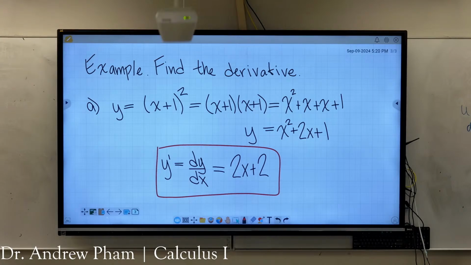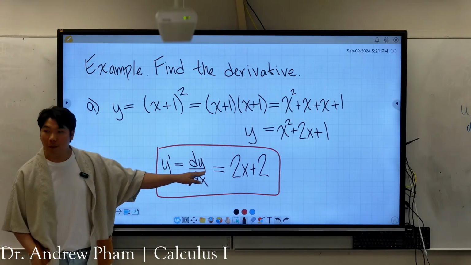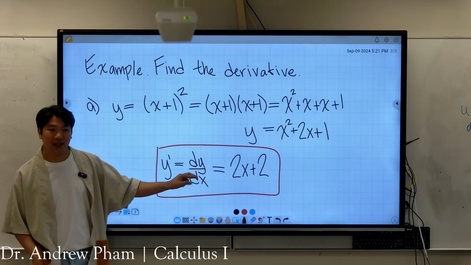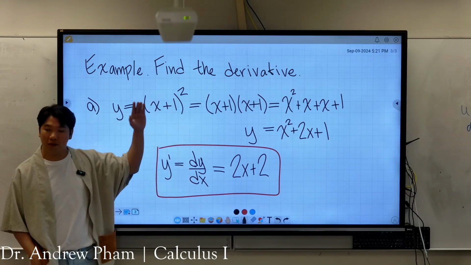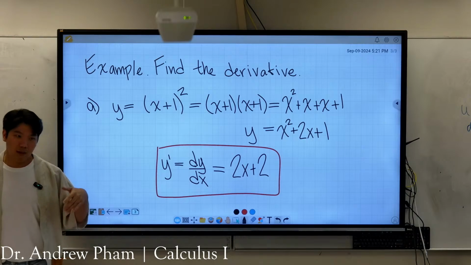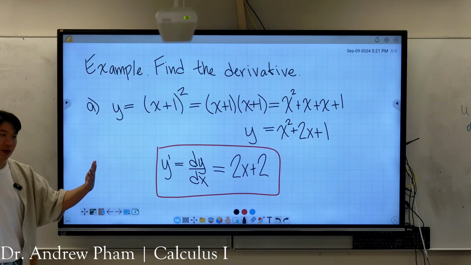I want to go on a slight tangent before I go on to part B. I want to talk really quick about this notation dy/dx. Again, this means the derivative of y with respect to x. This tells me I had a function y, it was in terms of x. So this means that I could easily change up my letters if we were in a different scenario.